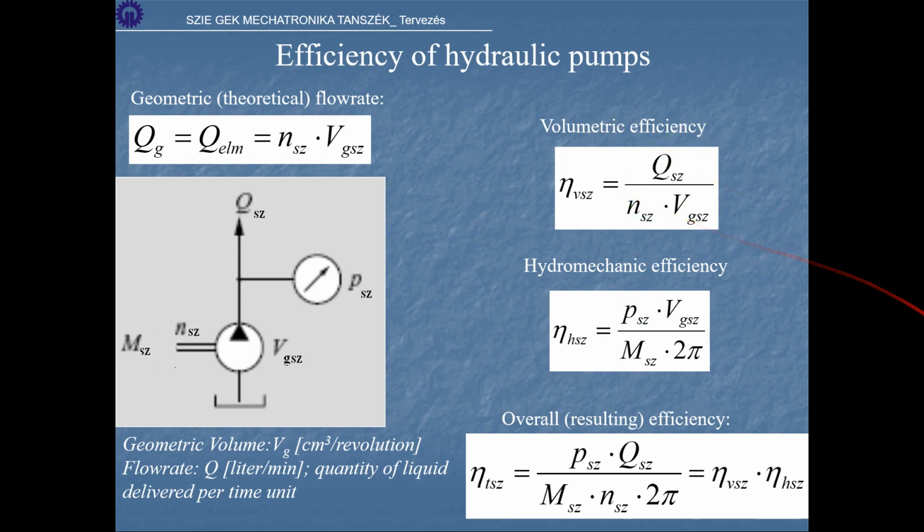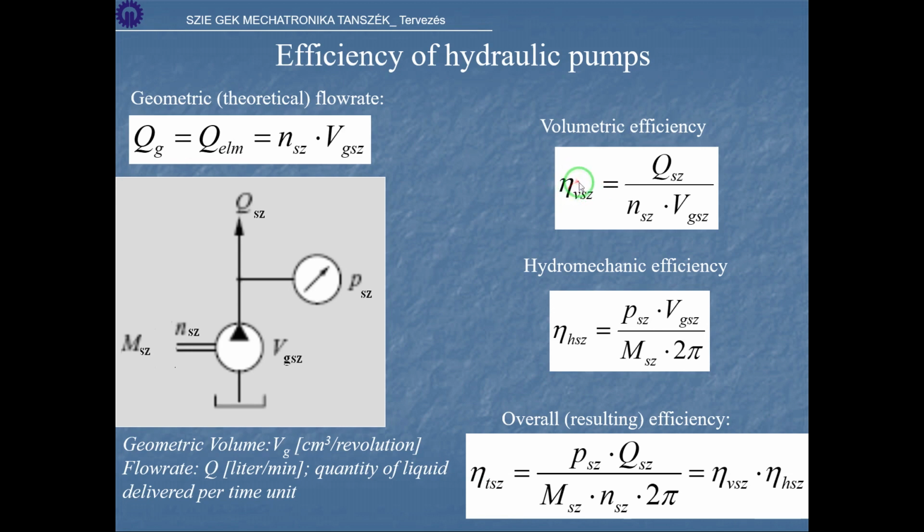Yeah, it's a bit ugly here, because this equation is not so beautiful, but if you understand how it works, it will be much more sympathetic. Okay, so eta Vs is the volumetric efficiency of the szivattyú, which means pump in Hungarian, so therefore Vs.